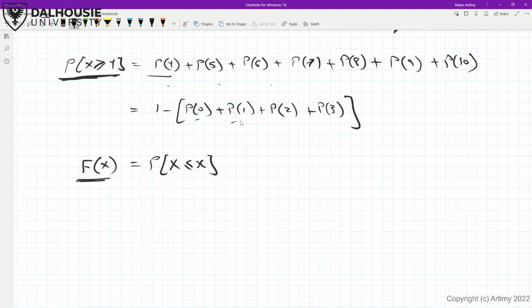Now be careful. The number of successes can be 0, 1, 2, 3, 4, 5, up to 10. I am looking for anything greater than or equal to 4.